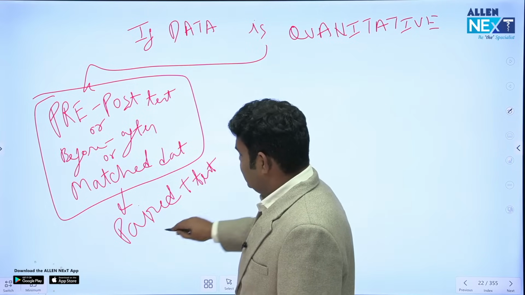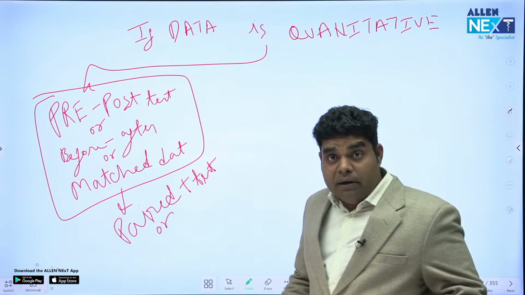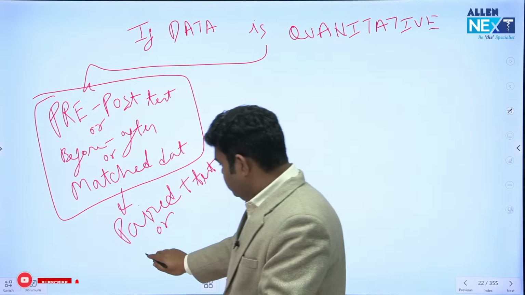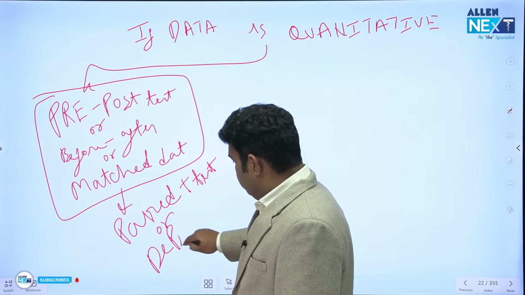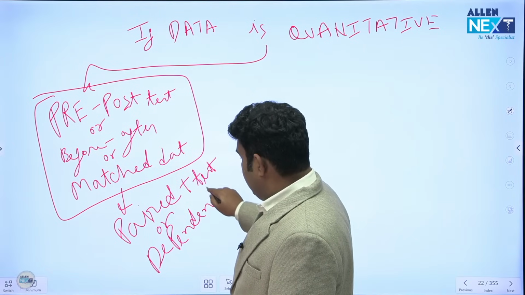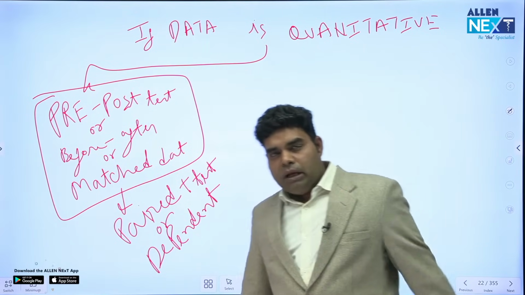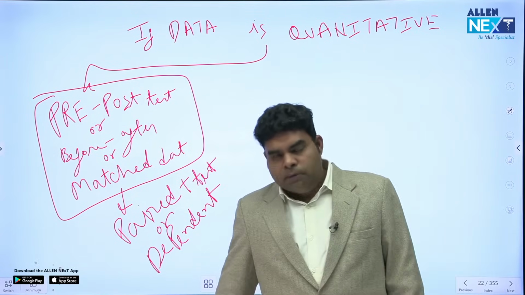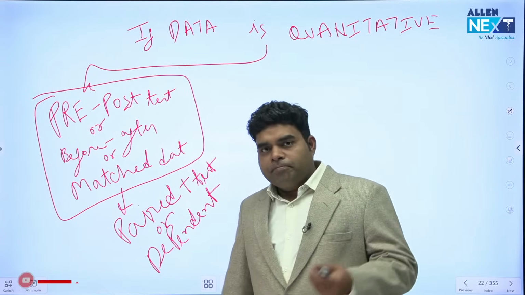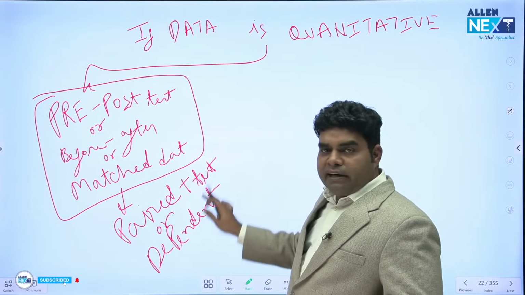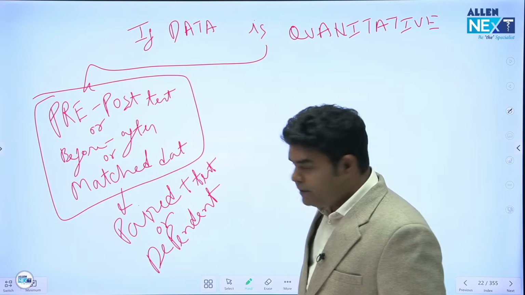And paired t-test is also known as dependent t-test, because they are dependent on the same one group of people. Okay. So if these three words are written, the answer is paired t-test, dependent t-test.